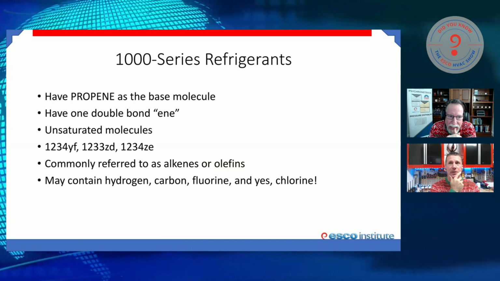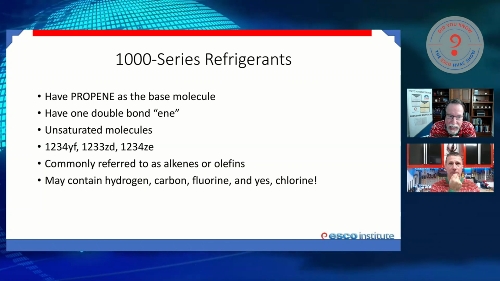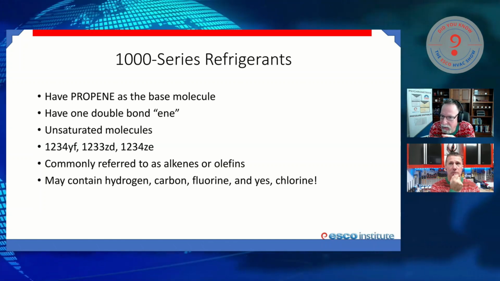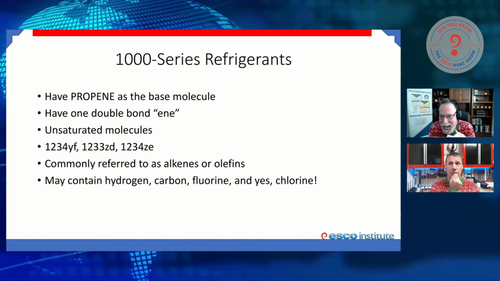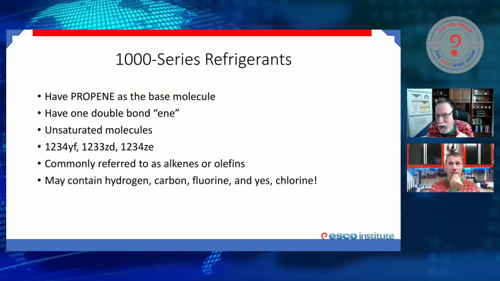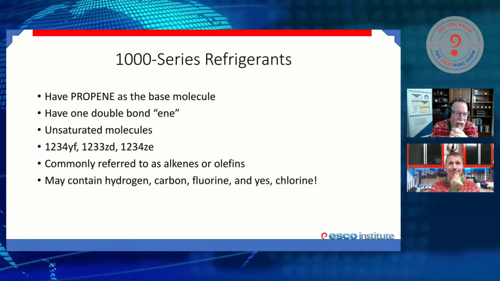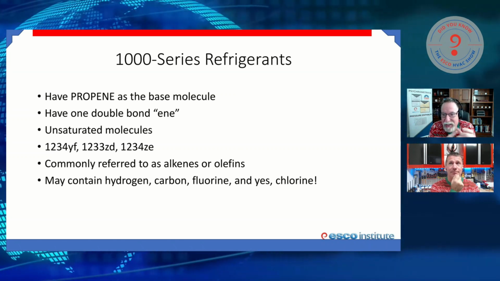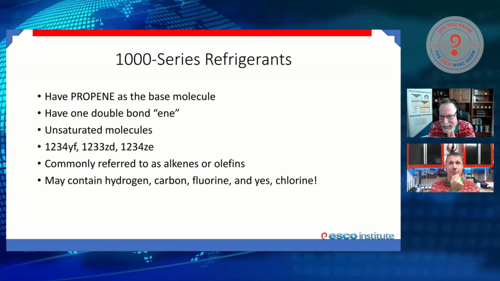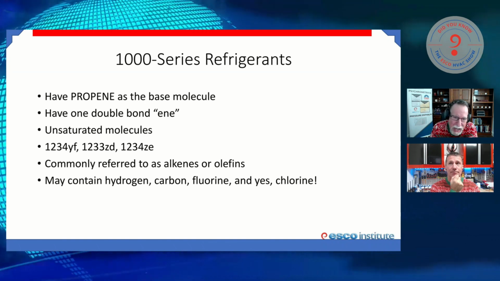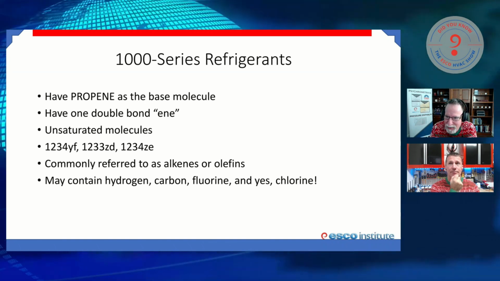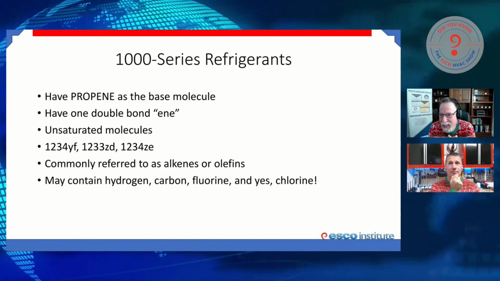These refrigerants can contain hydrogen, carbon, fluorine, and yes, they can contain chlorine. Now check this out. HFO refrigerants that we use have a 0 ODP and a very low global warming potential. But how can they possibly contain chlorine? Well, they can.